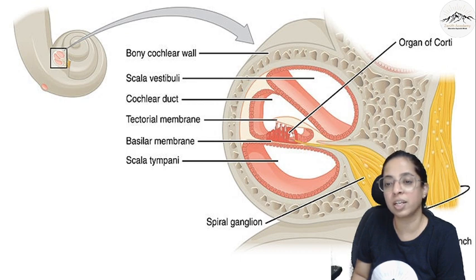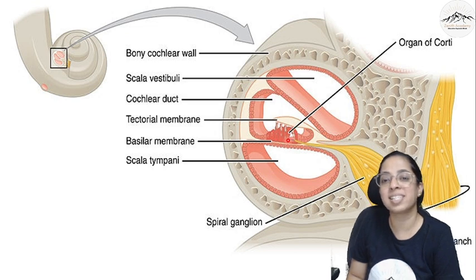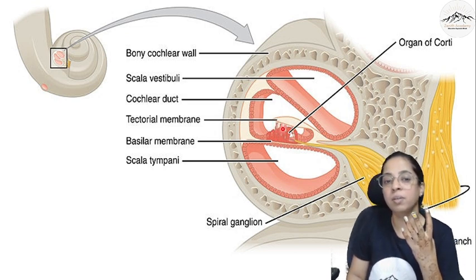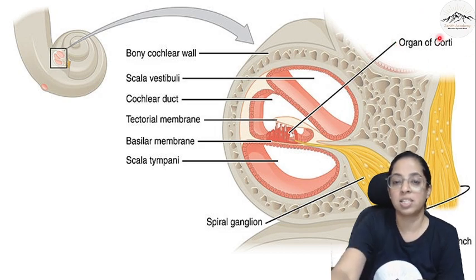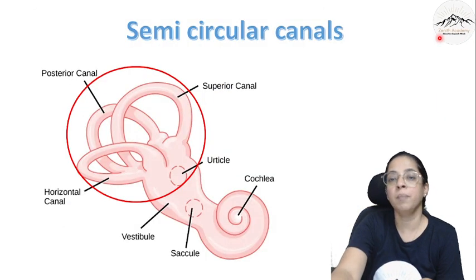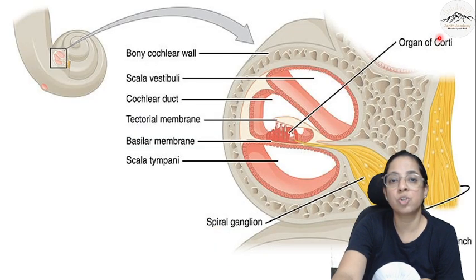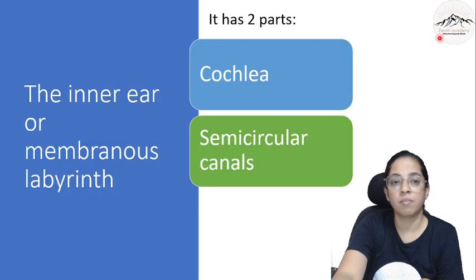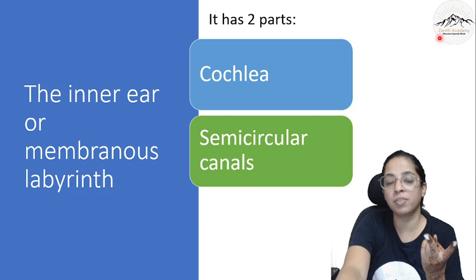It will get connected to the nerve fiber. And this spiral shaped organ is the basic hearing organ, known as the organ of Corti. This is very, very important. Okay, now we have understood that there are two parts of the inner ear.